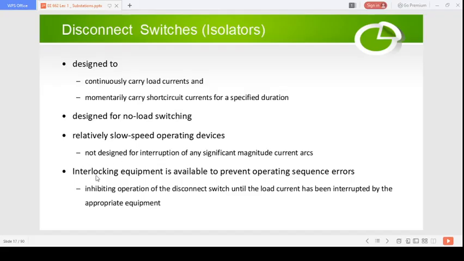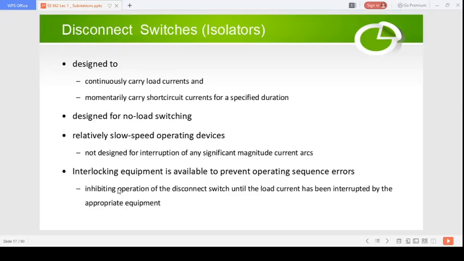This was because of not following the proper sequence of operation. That was one of the reasons for the blackout. So in order to prevent such things, there are these interlocking equipments available with the disconnect switch.